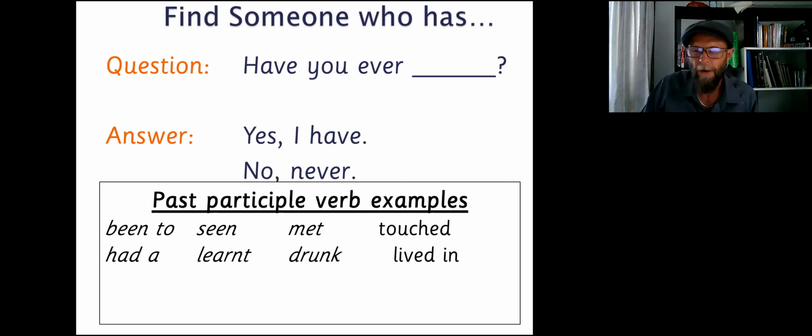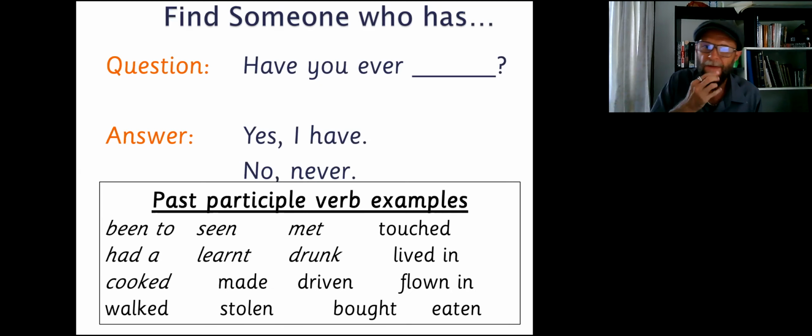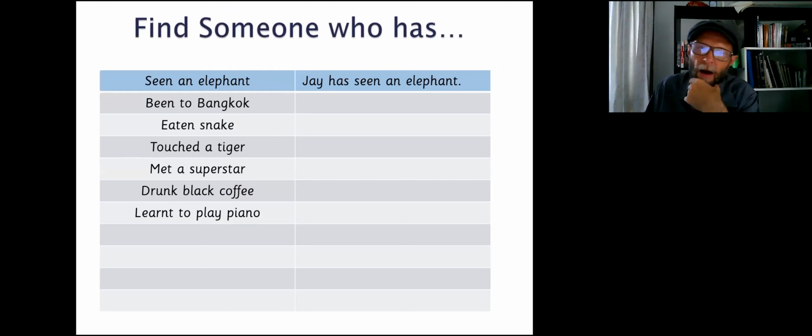If you've got enough creative thoughts, you could change this to find someone who has been to Korea, find someone who's seen a tiger in the wild, find someone who has drunk something random, I don't know, black coffee, find someone who has touched the Eiffel Tower. I don't know, you figure it out. It's quite easy, and it can be applicable to any part of your units. Just figure out the content yourself. I'm teaching you the structure and the theory today. Okay, so there's an example.